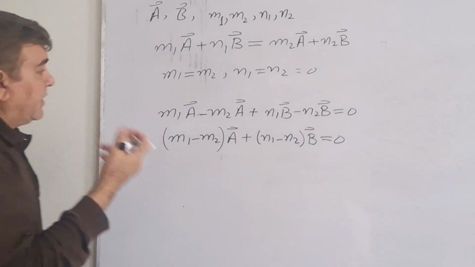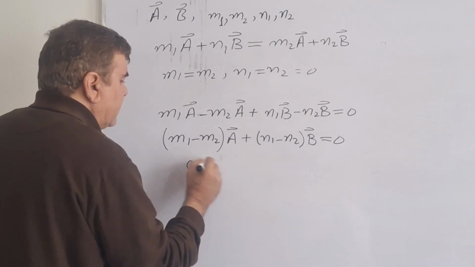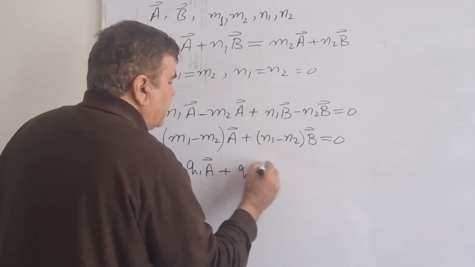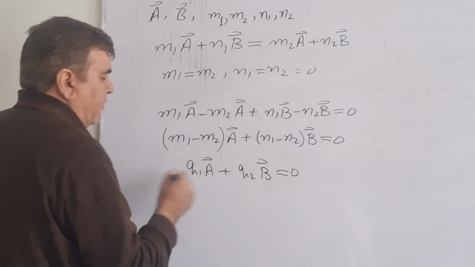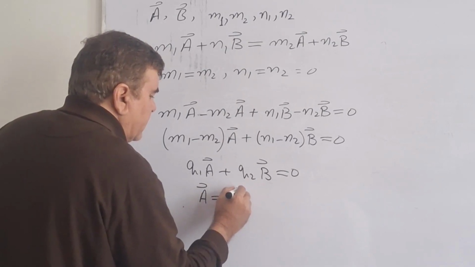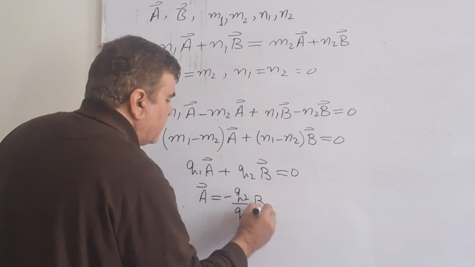And let me put this as q1, so I write q1a, and this I put q2b equals 0, and from this I can write a equals minus q2 divided by q1 b.